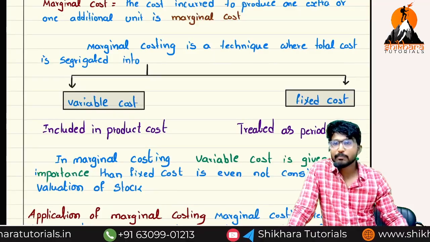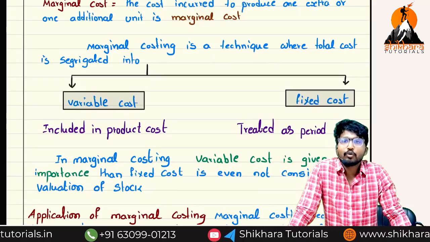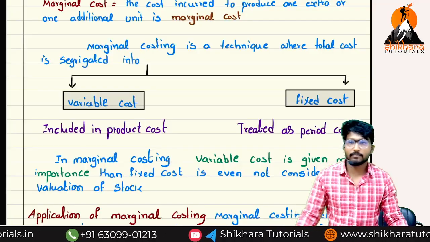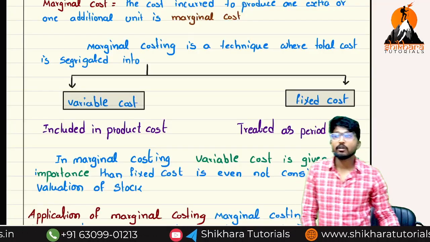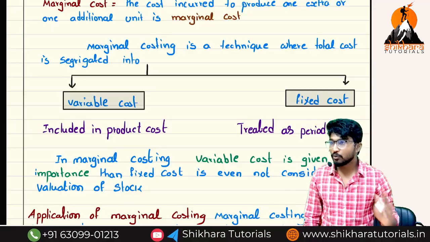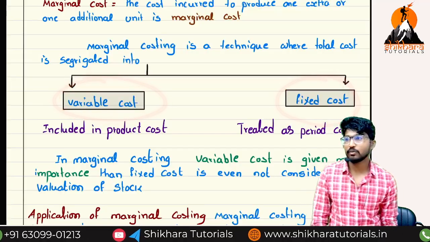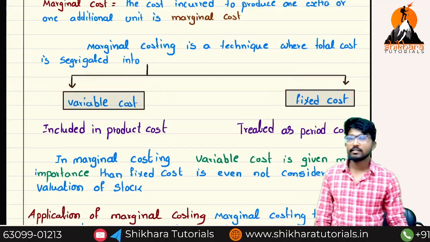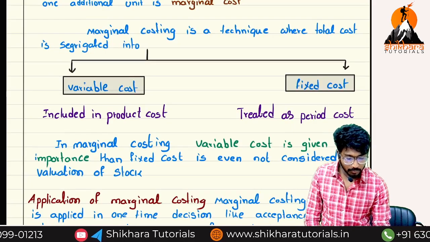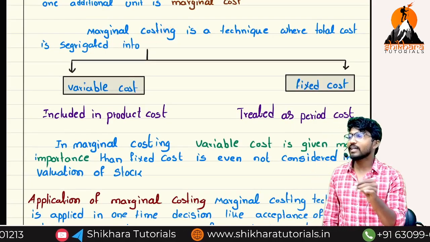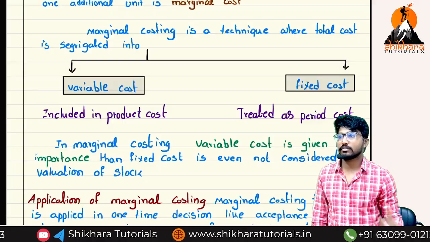Now, as per marginal costing, total cost is divided into two types. One is variable cost, another one is fixed cost.